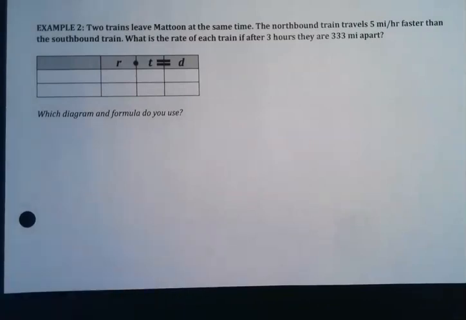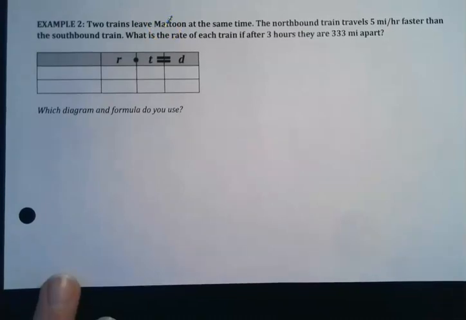All right, so 2 trains leave Mattoon at the same time. The northbound train travels 5 miles an hour faster than the southbound train. What is the rate of each train after 3 hours if they are 333 miles apart? Yesterday, which diagram did we say we needed to use?